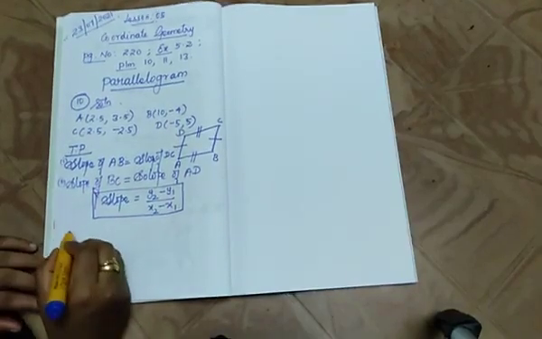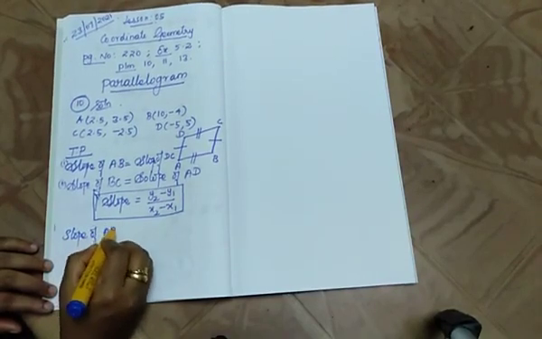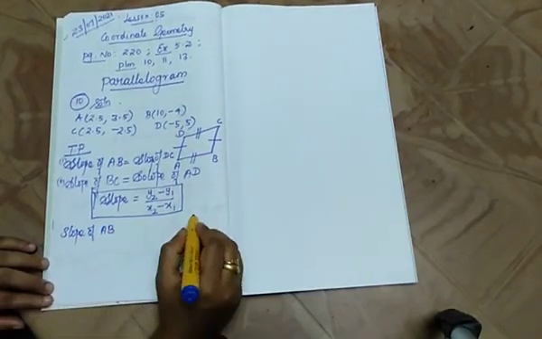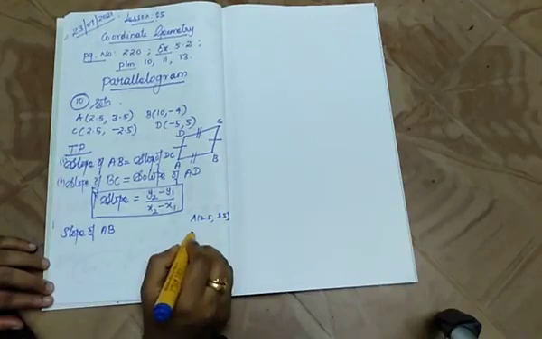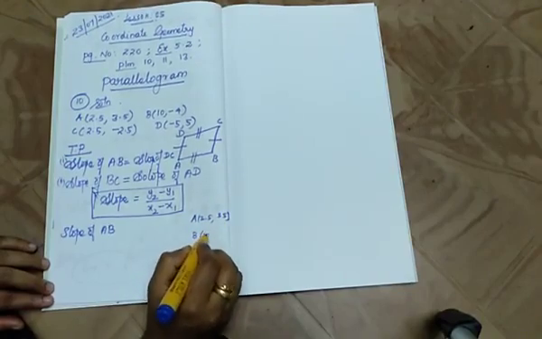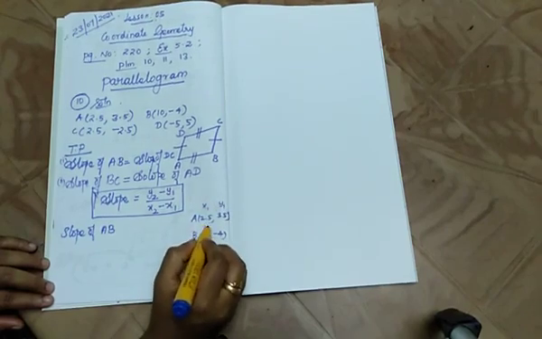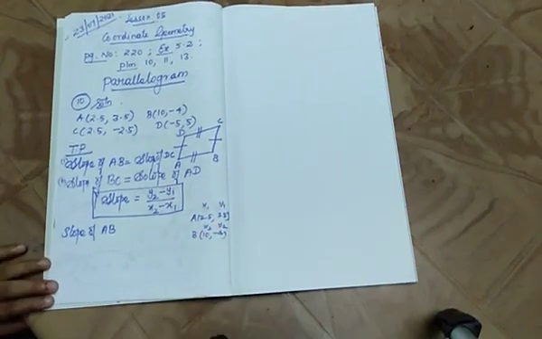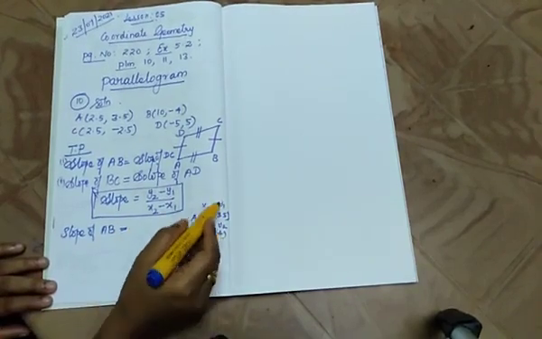Now let's check it. First we have to find the slope of AB. A is 2.5, 3.5 as well as B is 10 comma minus 4. So x1 y1 and x2 y2. Let's substitute in the formula, y2 minus y1.